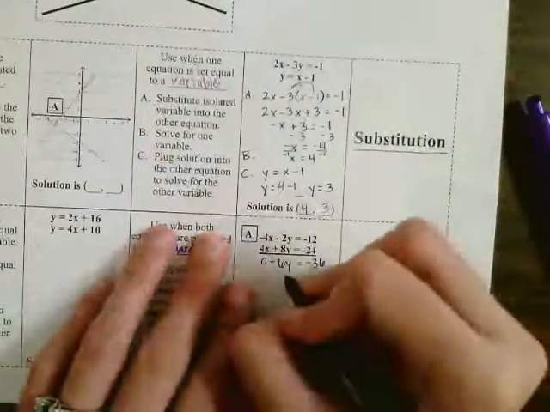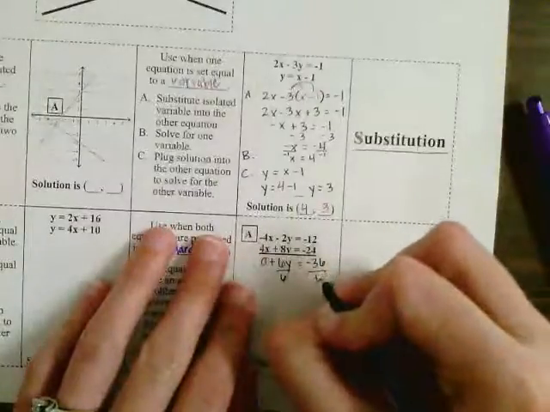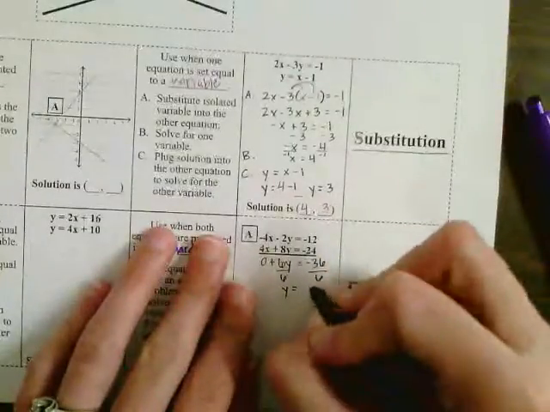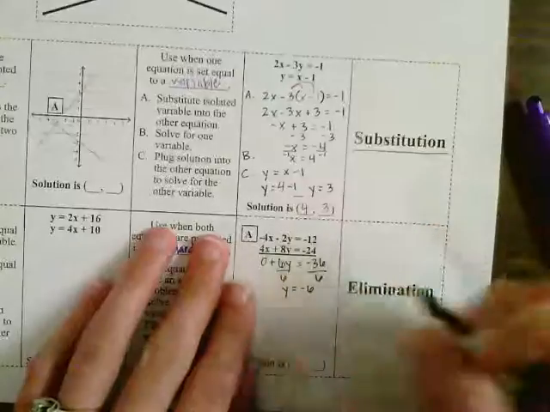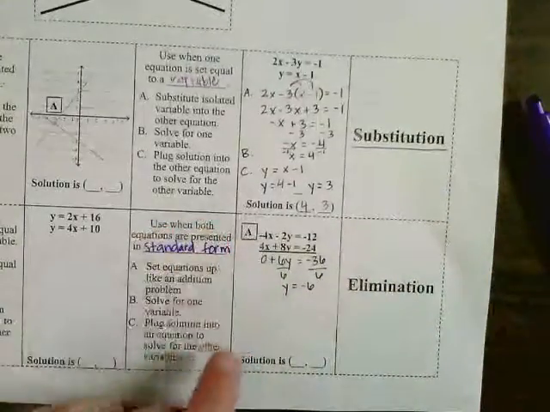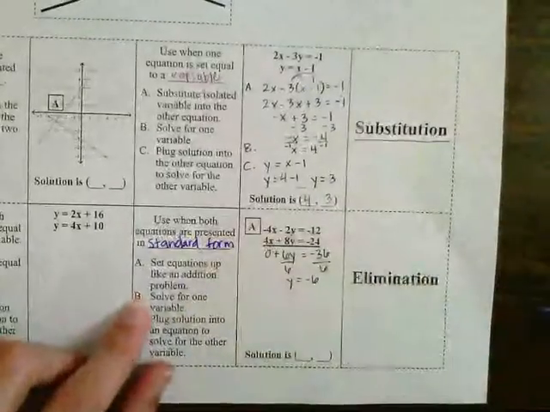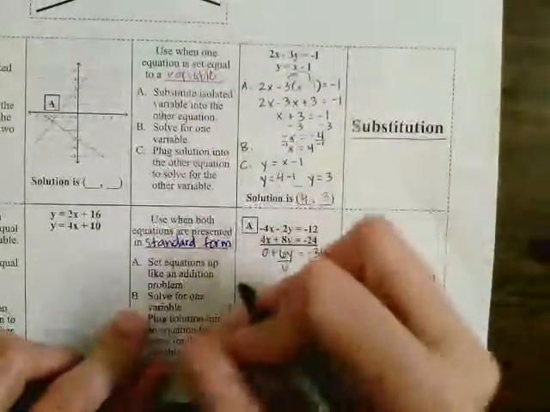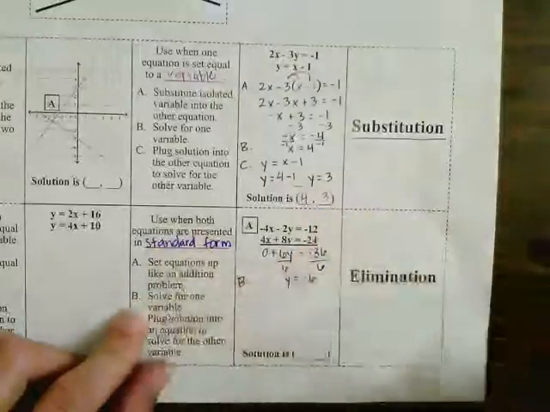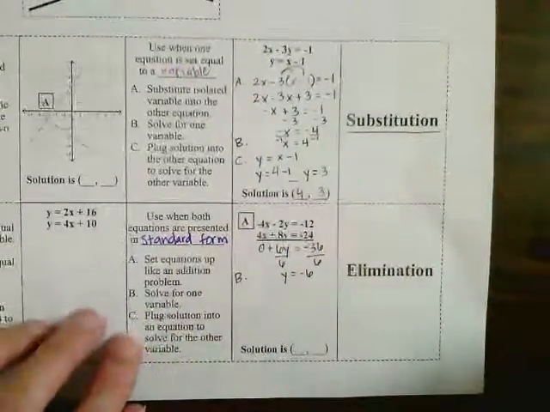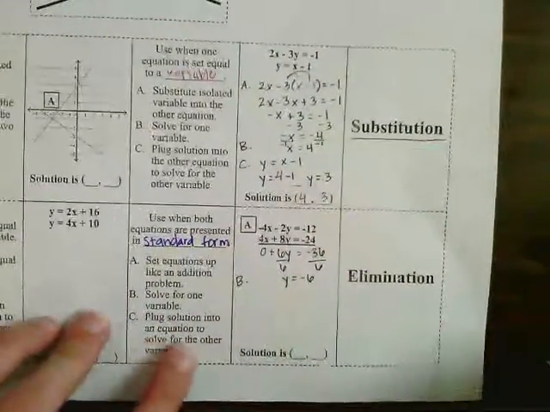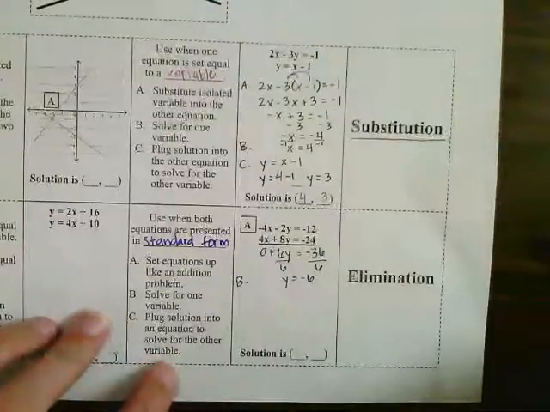And from this we can divide by 6 on both sides, and y equals negative 6. Okay, so we've set them up like an addition problem, that's A, and then B solved for one variable.